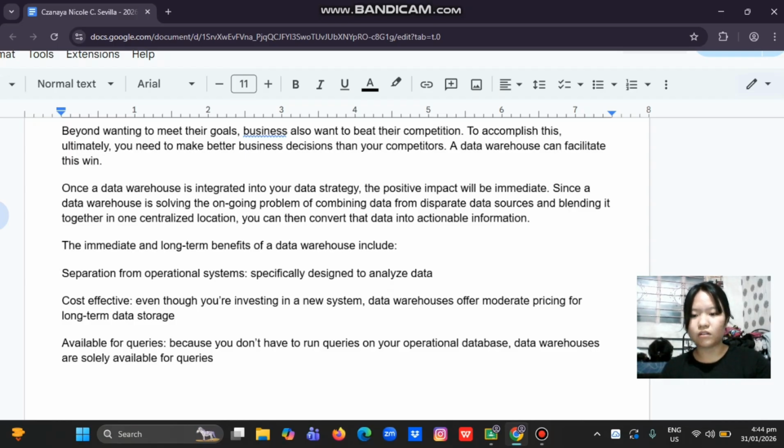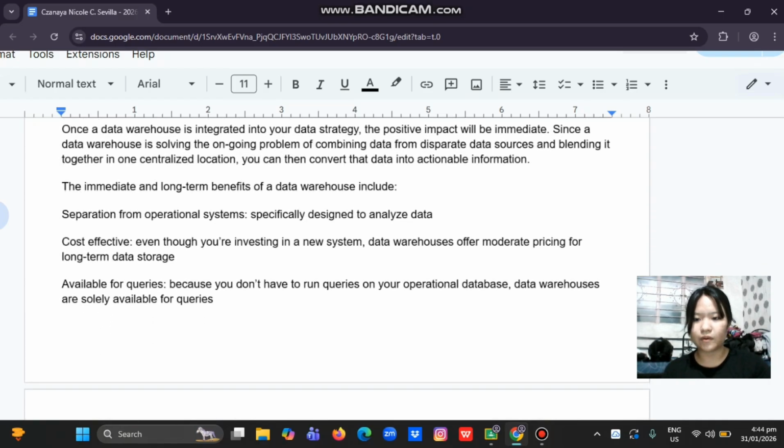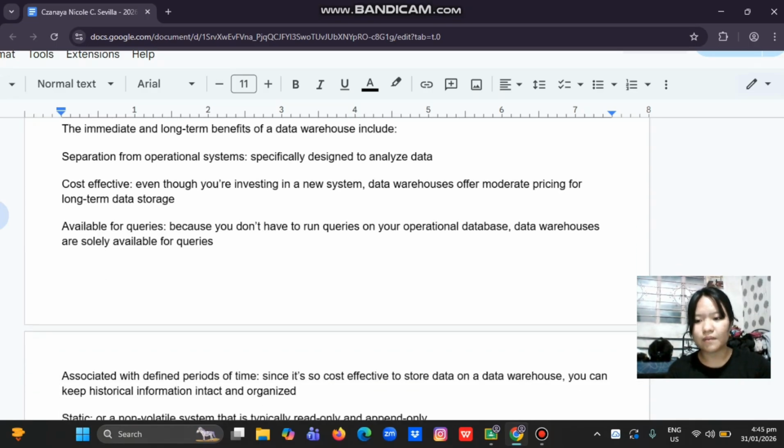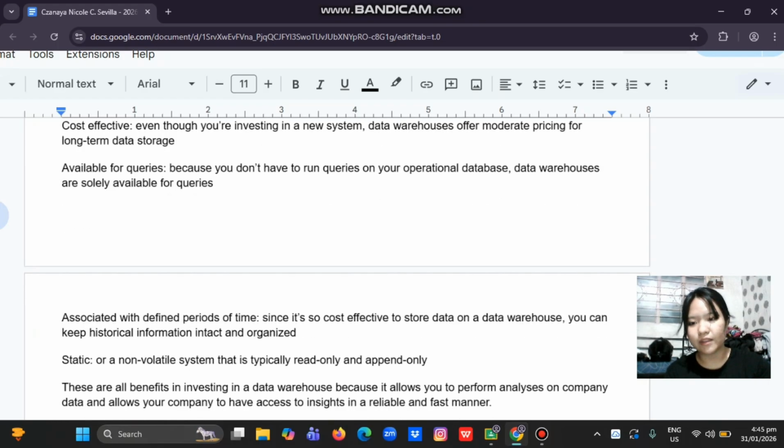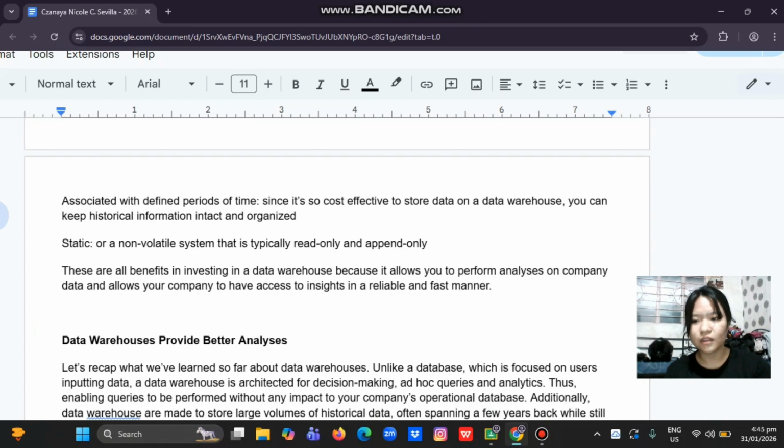The immediate and long-term benefits of a data warehouse include separation from operational systems specifically designed to analyze data. Cost effective: even though you're investing in a new system, data warehouses offer moderate pricing for long-term data storage. Available for queries, because you don't have to run queries on your operational database. Data warehouses are solely available for queries associated with defined periods of time.